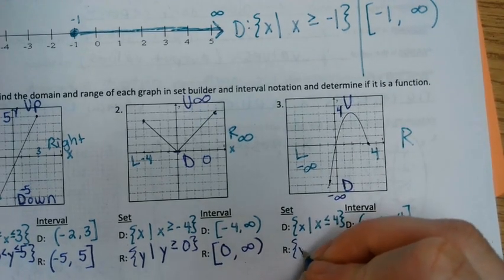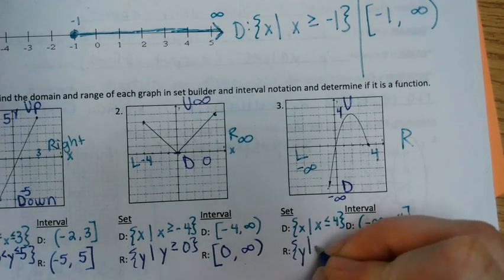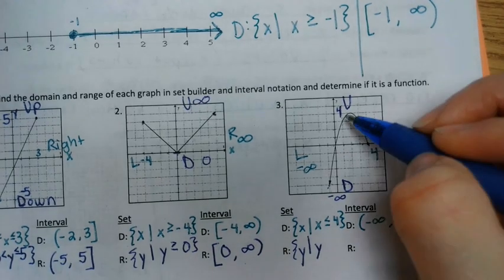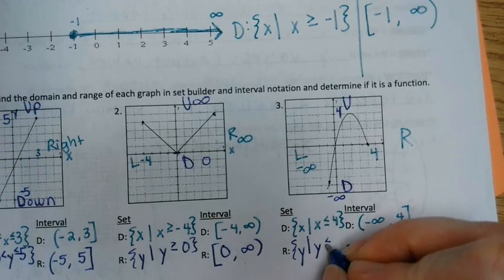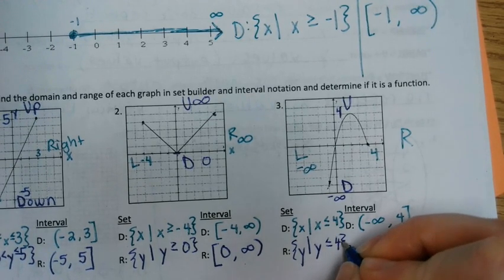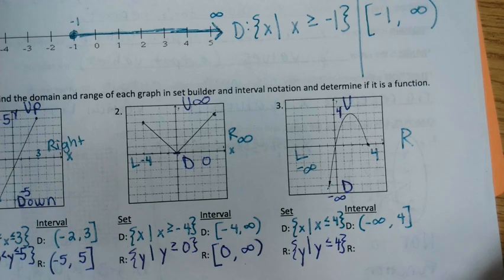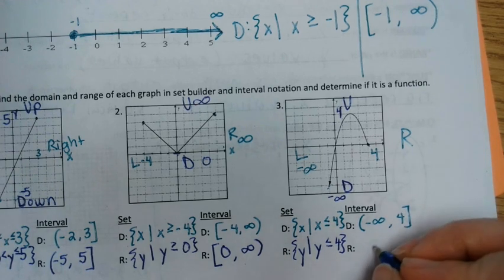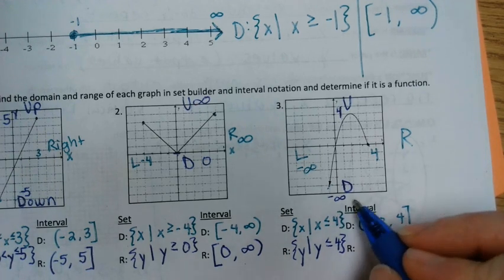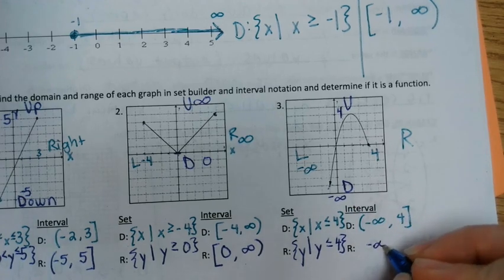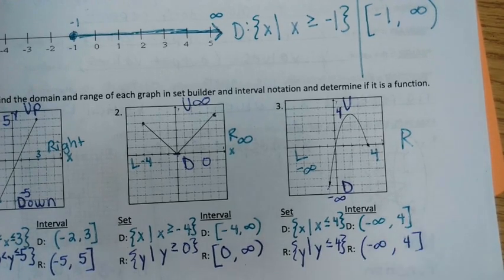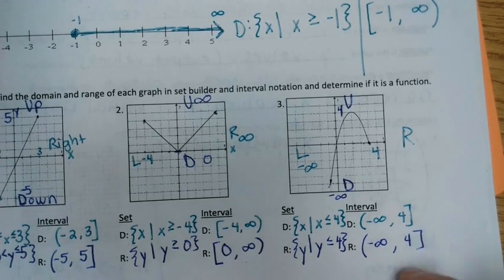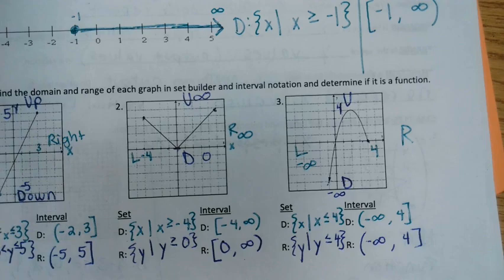So this is y such that y is at 4 or less, so less than or equal to 4. And so our range is going to be from negative infinity to positive 4, which actually looks the same even though they are different. They will not always be the same, just like these other ones weren't always the same.